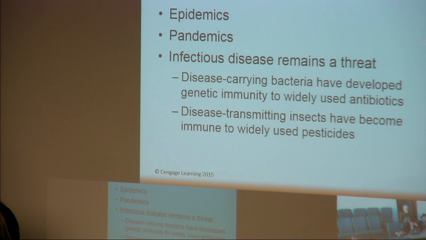Then the reason why infectious diseases remain such a big threat is these two things right here: you have bacteria and you have insects. No matter which one you're talking about, the bacteria have become immune to the antibiotics. Their DNA has actually changed. The same has gone true with the insects. You have this term called superbug, and it's used for two different reasons.